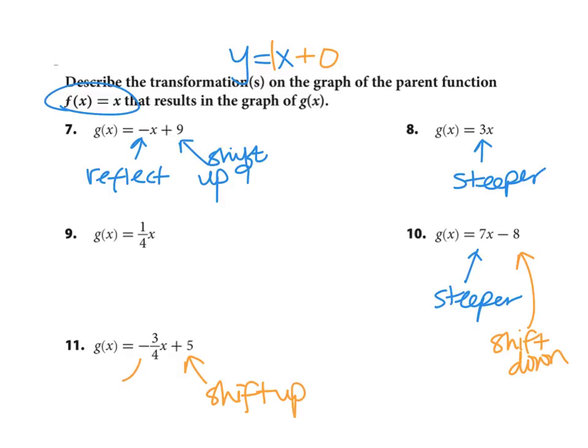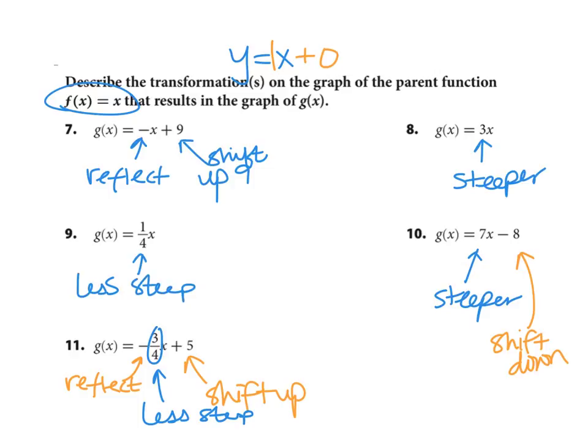Question 11, there's a few things going on. I also have a negative, which we'd already talked about, means reflect. But the 3/4 here, the fraction is going to actually make it less steep because 3/4 is smaller than 1, which is my original slope. So this is going to be, if I could spell, less steep. And you should see that that's similarly going to happen on 9. It's going to be less steep.